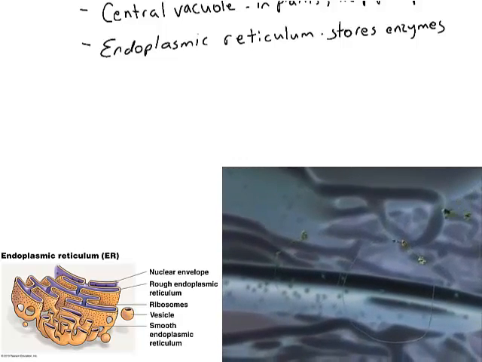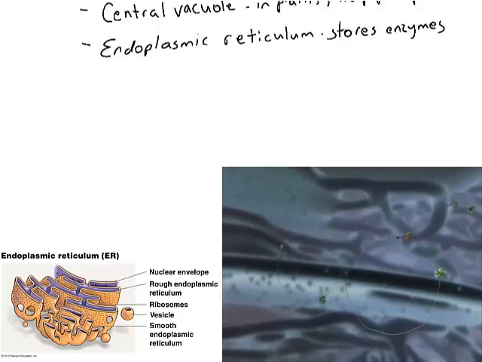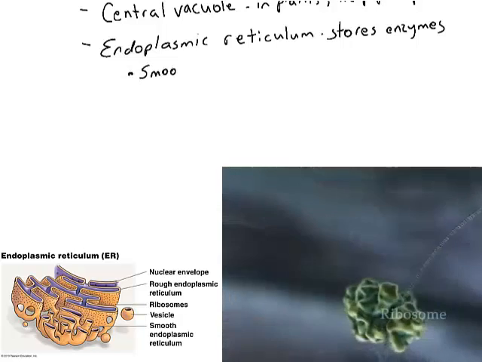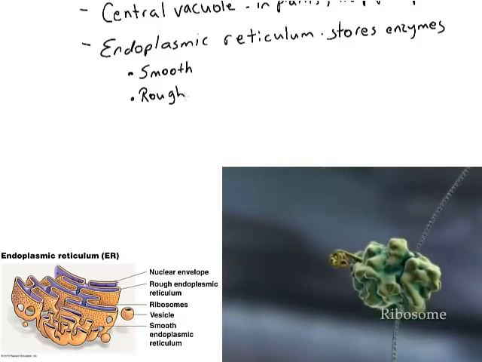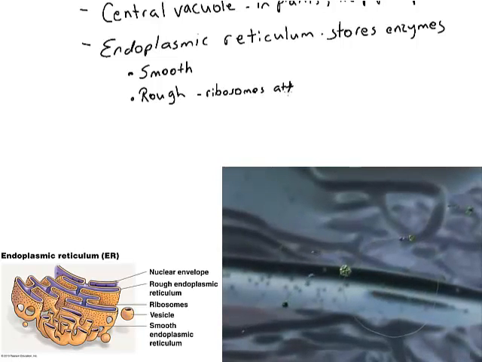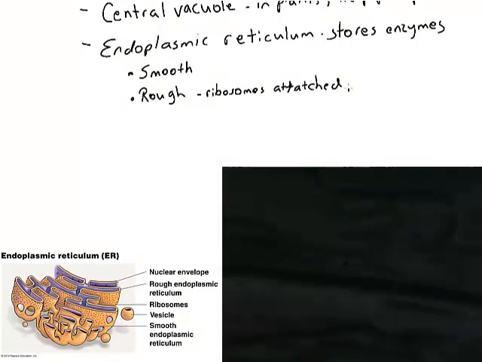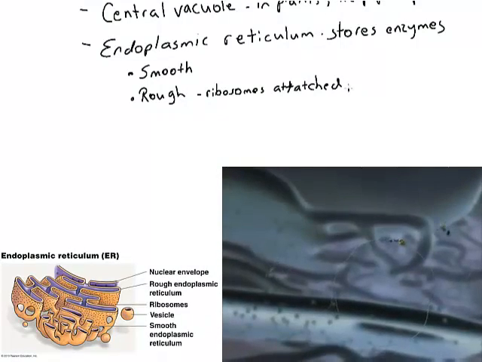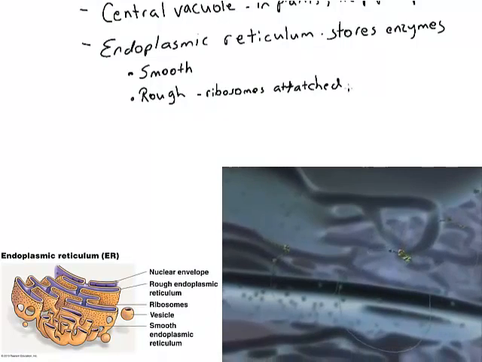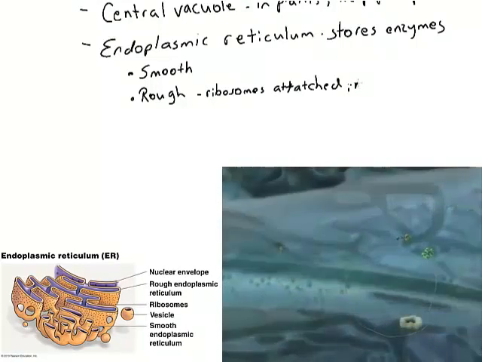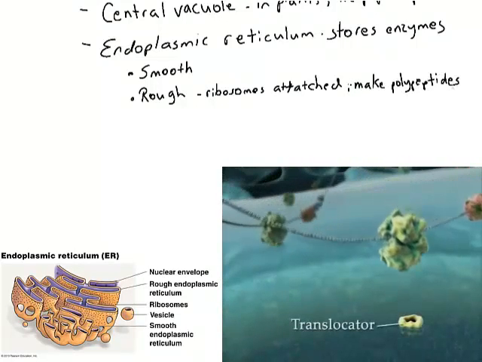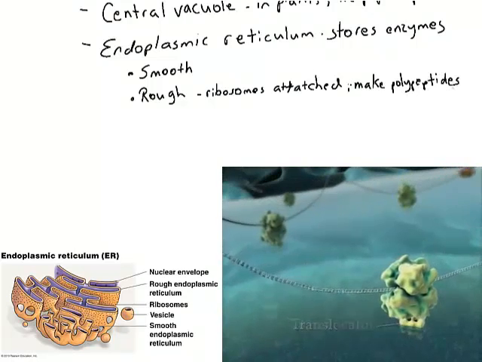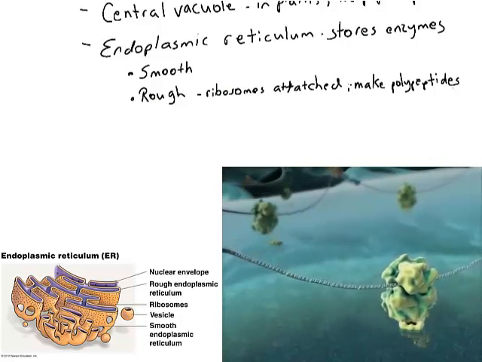Now, there are two kinds of endoplasmic reticulums. There are smooth ones and rough ones. Ribosomes attach to the surface of some endoplasmic reticulums, giving it a rough appearance. These ribosomes are responsible for making polypeptides that thread into the interior of the endoplasmic reticulum.